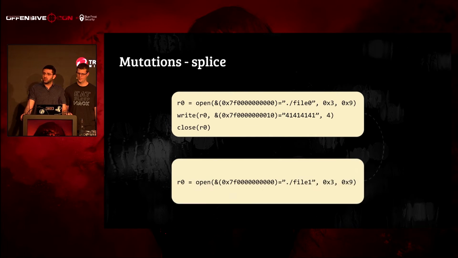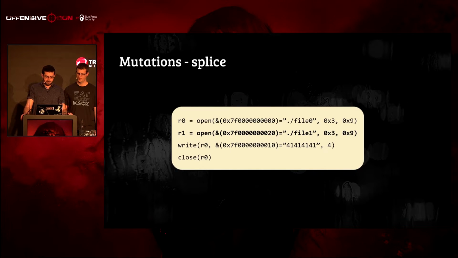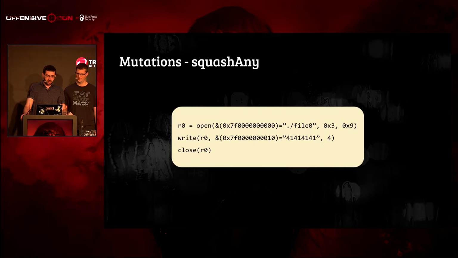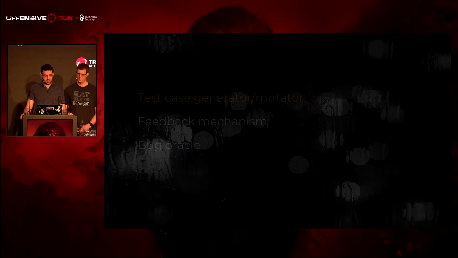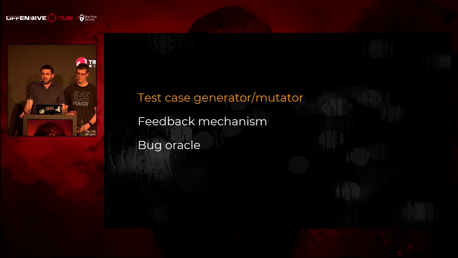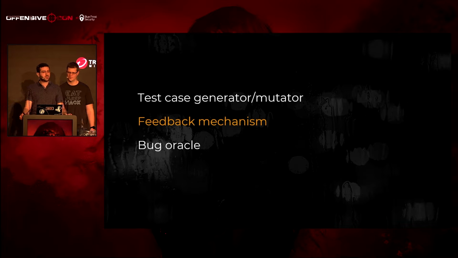Splice will take two random programs and join them. And squash any will perform AFL-type mutations on complex pointers, such as structs, buffers, unions, and others. So clearly, Syscaller has a sophisticated test case generator and mutator. Moving on to feedback mechanism.